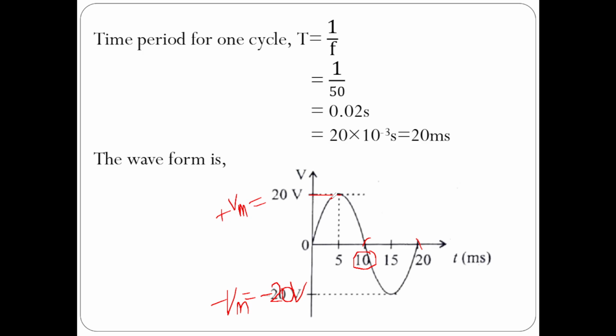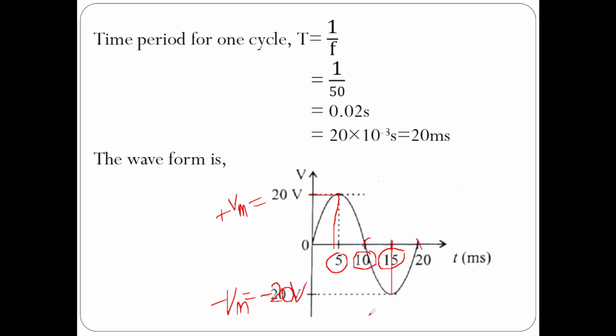Now the peak voltage will be obtained where? 10 is our half cycle, and half of 10 is 5. At 5 milliseconds the peak is obtained. The middle value of 10 and 20 is 15. So at 15 you will get the negative peak value, and at 5 you will get the positive peak value. So this is our waveform for one complete cycle.